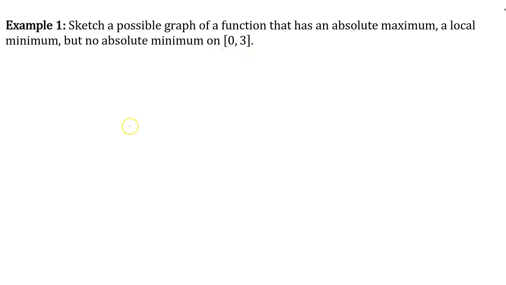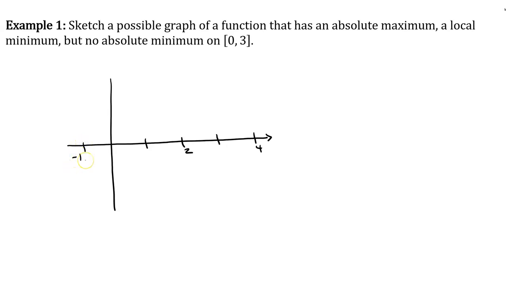So for this, the 0, 3 is the x's that we're talking about, and the y's can be as big or as small as you want. I'm not even going to put a y possibility because I'm not really worried about that for the moment. What I am worried about is what they're asking me for.